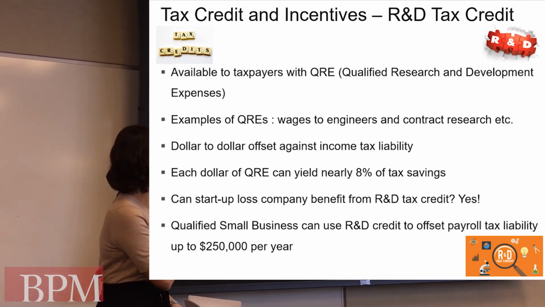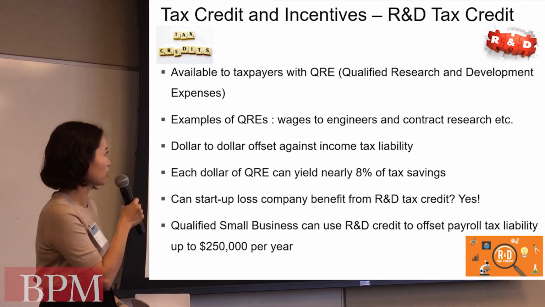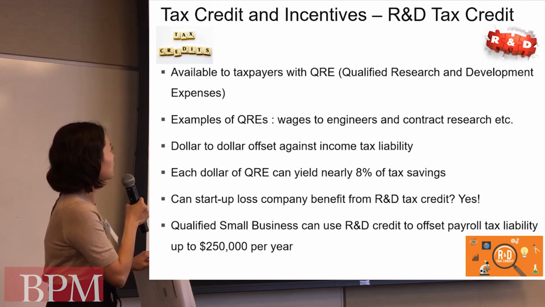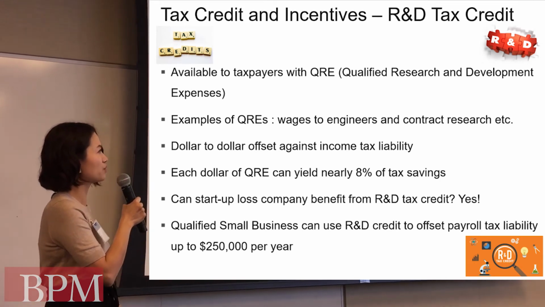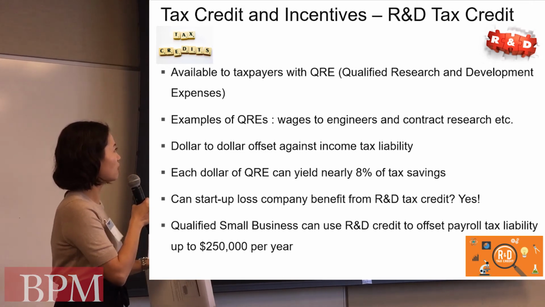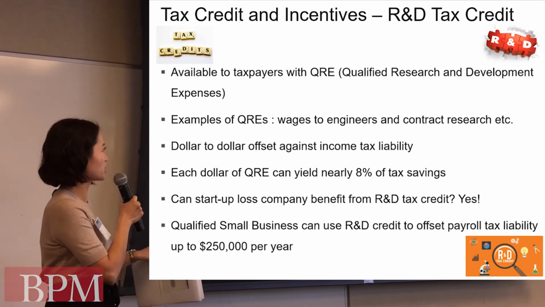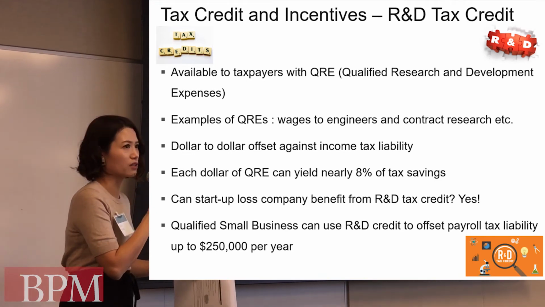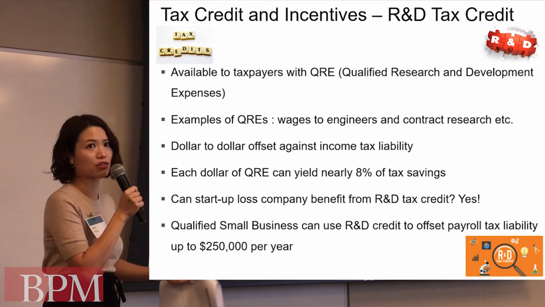The tax credit is a dollar-to-dollar offset of income tax liability. There is a whole calculation of how this is computed, but just to get an idea, for each dollar of qualified research expense that you spend, you can generate about 8% of tax savings with the R&D credit.